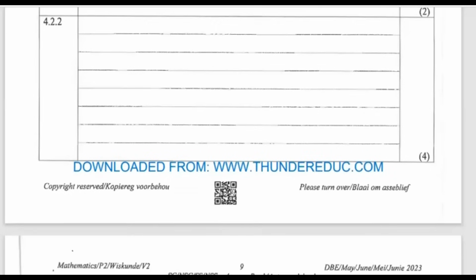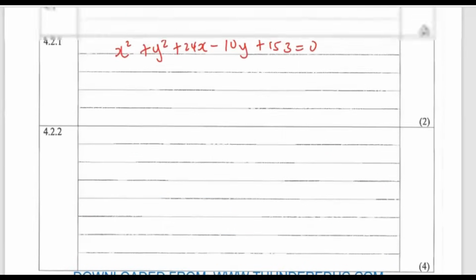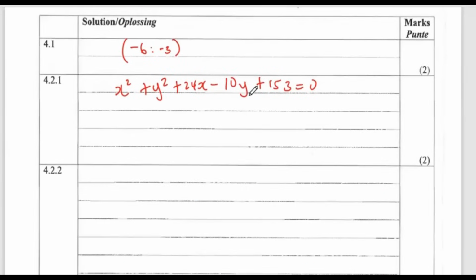So for us to get the radius, we need to complete the squares. Remember what we said. You can do the grouping if you want, the x and the y. So I'm going to say x squared plus the 24x. And then I'm going to have y squared minus the 10y. I'm going to take this side, which is negative 153.